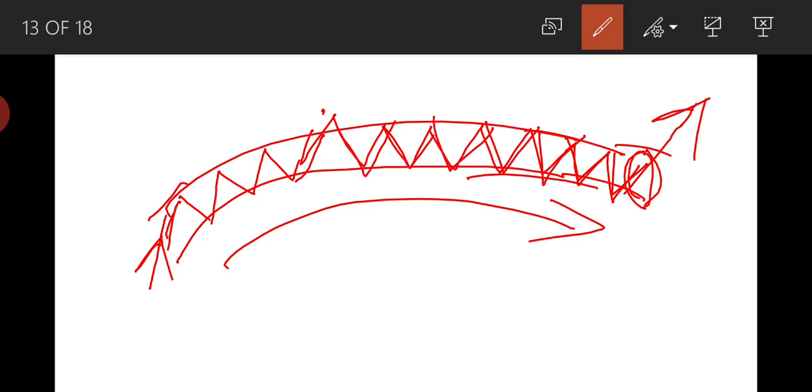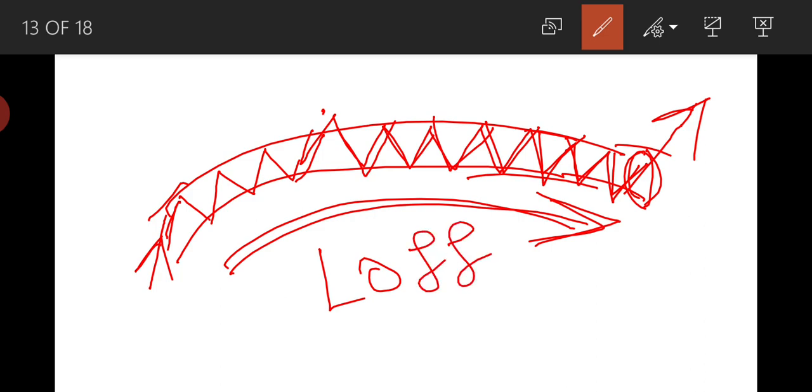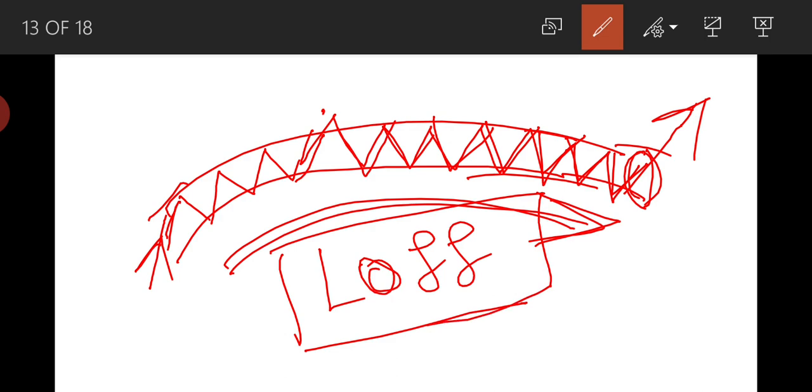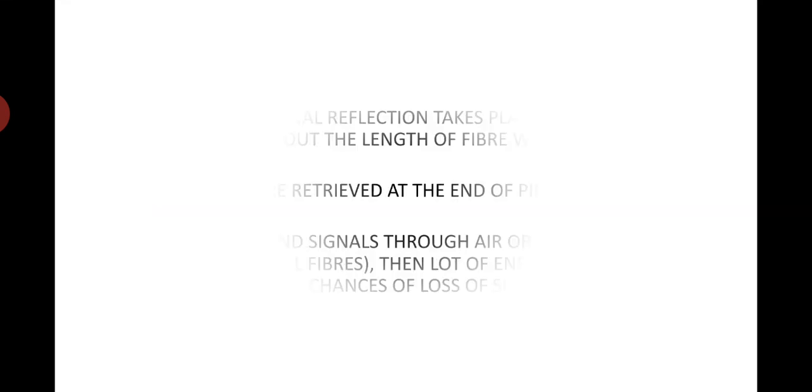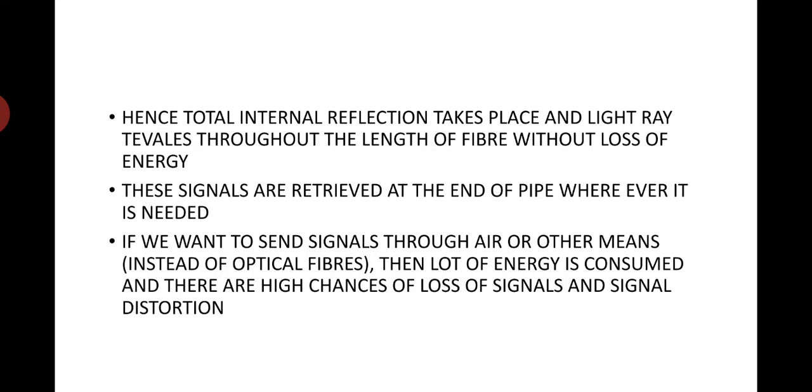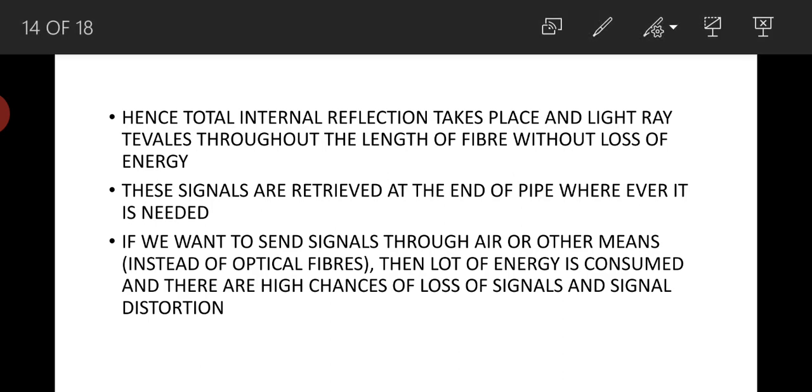of the pipe. It means we are transmitting this signal without any loss of energy. Whatever light we are transmitting, it is going to the other end without any loss of energy. Hence, total internal reflection takes place and the light ray travels throughout the length of the fiber without loss of energy.